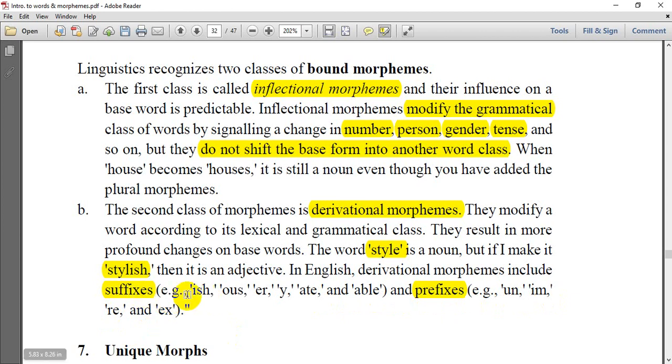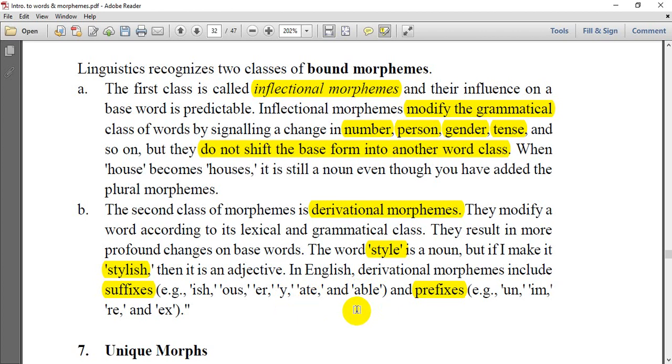Here the suffixes: boyish, teacher, widely, believable, acceptable. So derivational morphemes change the grammatical category of a word or its meaning.